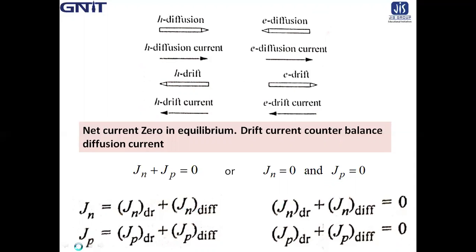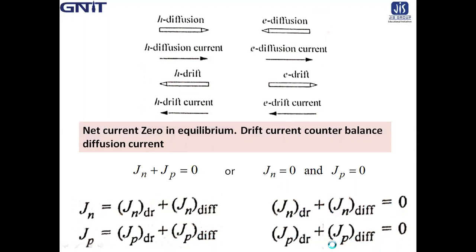Now again, Jn equal to Jn drift plus Jn diffusion, and similarly Jp equal to Jp drift plus Jp diffusion. Therefore, Jn drift plus Jn diffusion equal to 0, and Jp drift plus Jp diffusion equal to 0.